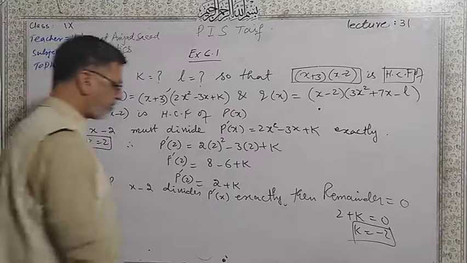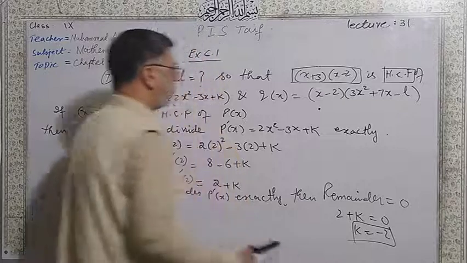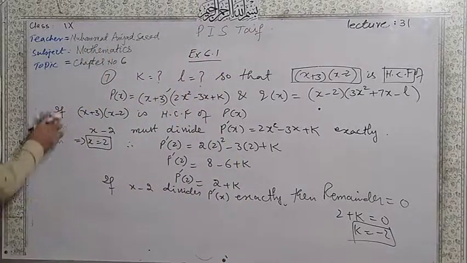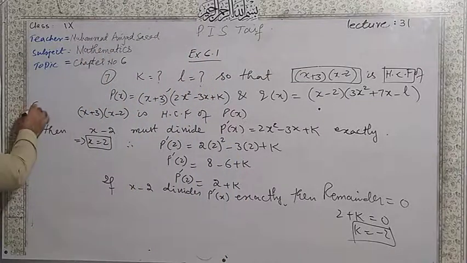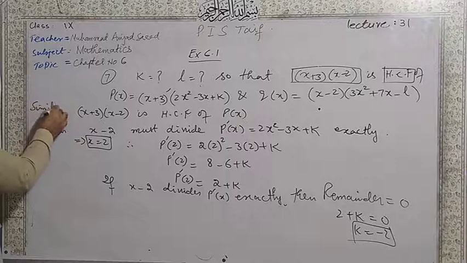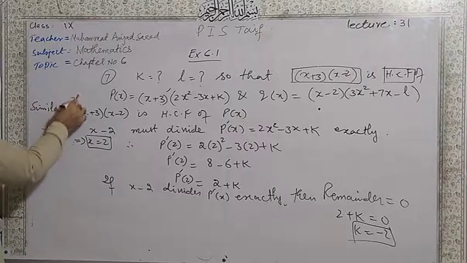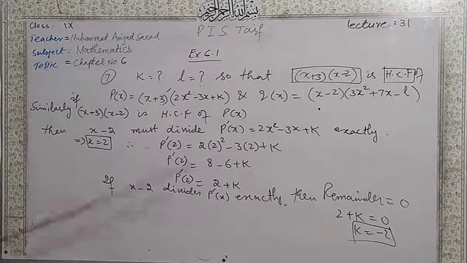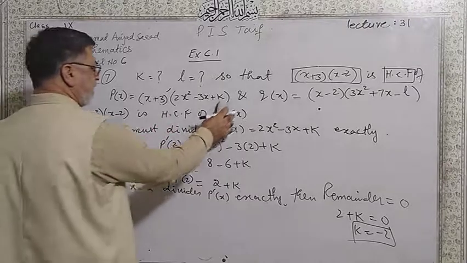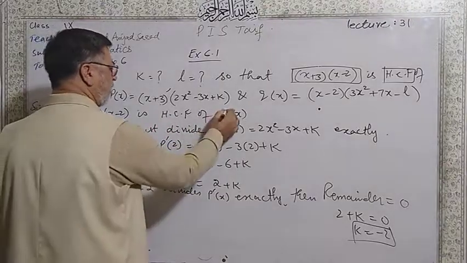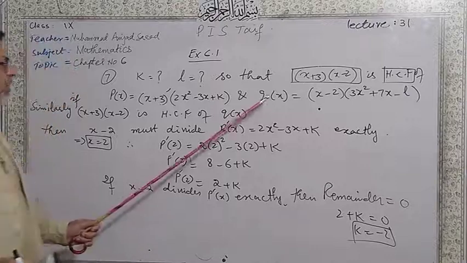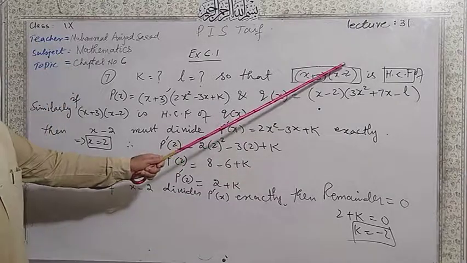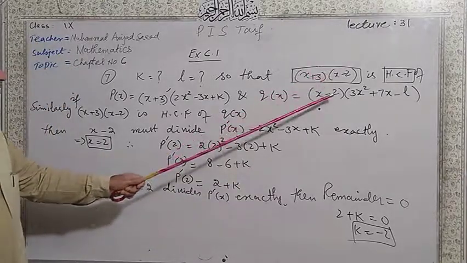Similarly, if (x plus 3)(x minus 2) is HCF of Q of x, then x minus 2 and x minus 2 cancelled out.